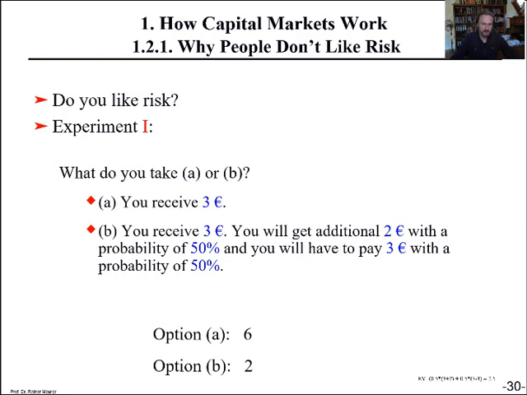The expectation value of the uncertain payment of option B is 50% times (3 plus 2) plus 50% times (3 minus 3), which amounts to €2.5. So this is the expectation value, the value we can expect on average if we choose option B.